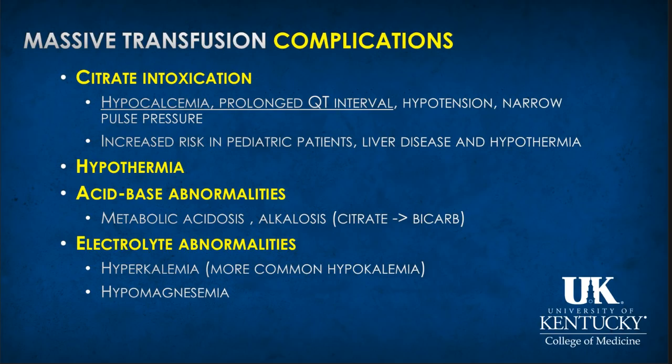So in combination with exposure in high volume resuscitation, it easily drops your core temperature below 34, 33 degrees, and that's significant hypothermia, so therefore slowing down your enzymatic activity. Other complications of massive transfusion are acid-base abnormalities, the metabolic acidosis, but also we see alkalosis, since citrate gets metabolized to bicarb by a competent liver.